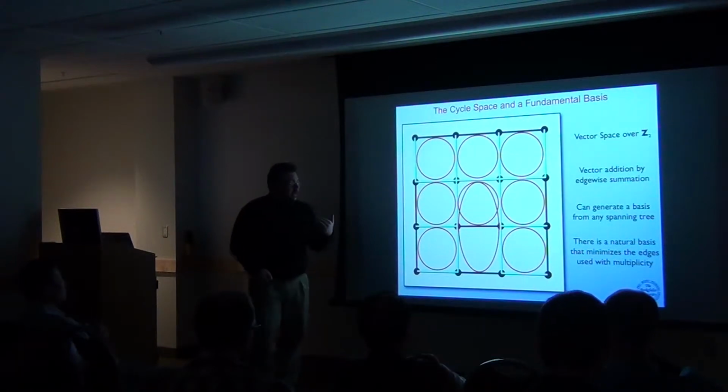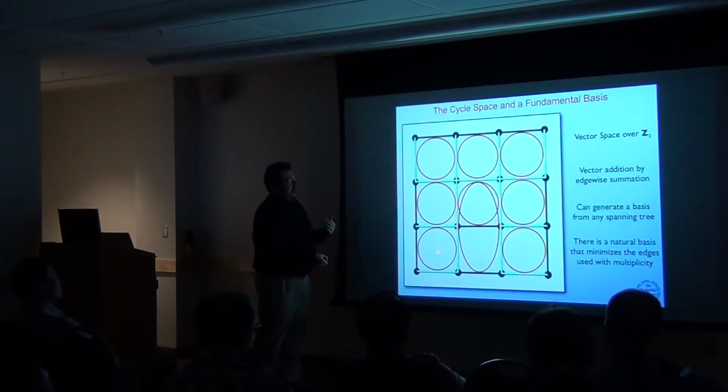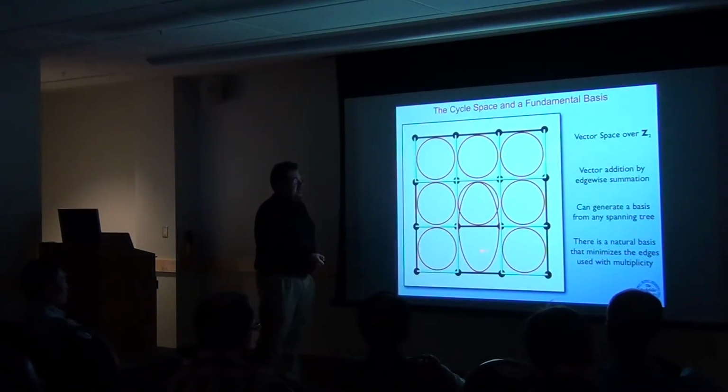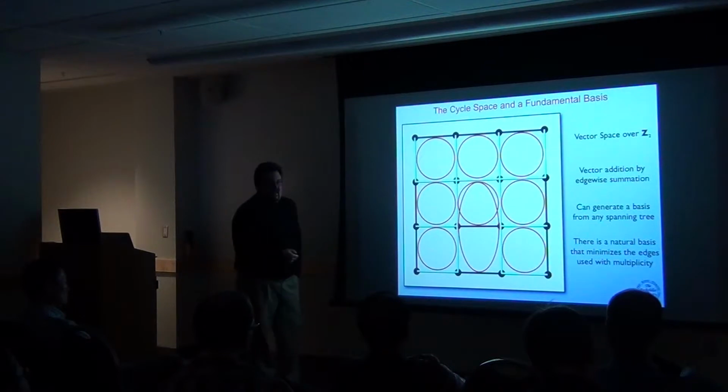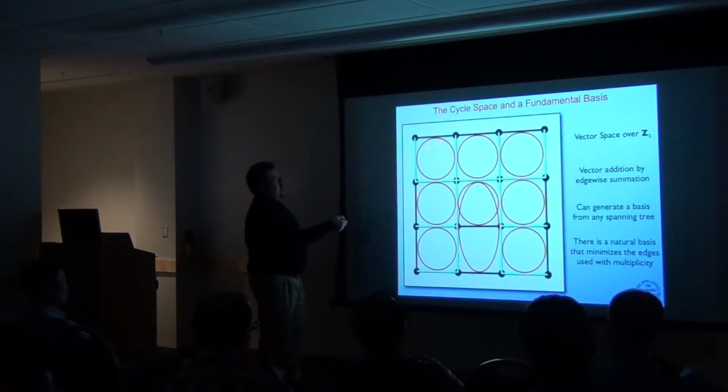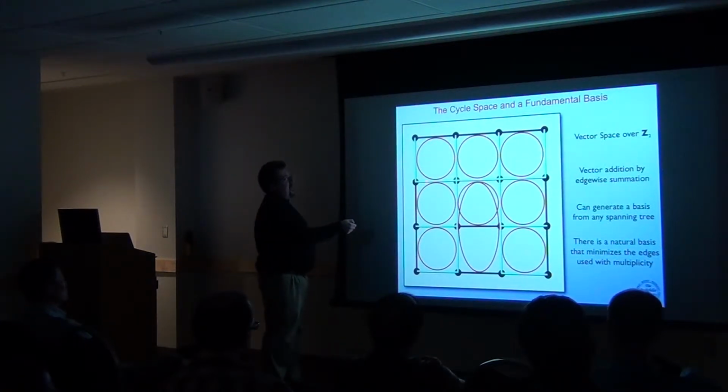And so there's a privileged set of basis vectors, a privileged basis, in fact, that you can define by saying, I want to look at the basis that minimizes the total edge usage counted with multiplicity. That is to say, if this basis element is using 4 edges, and this one is also using 4 edges, we'll count them all, right?